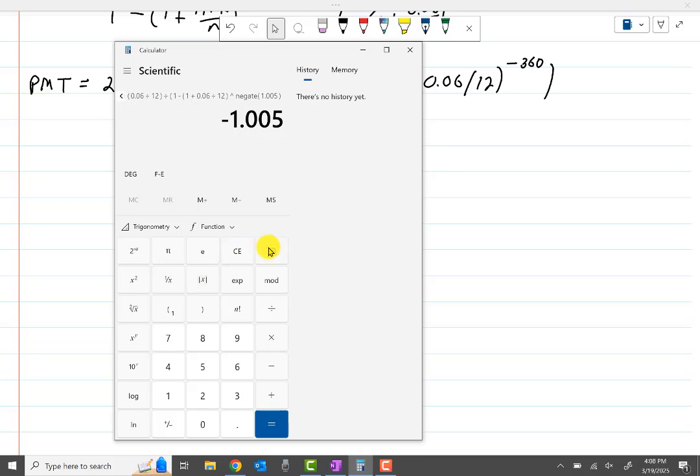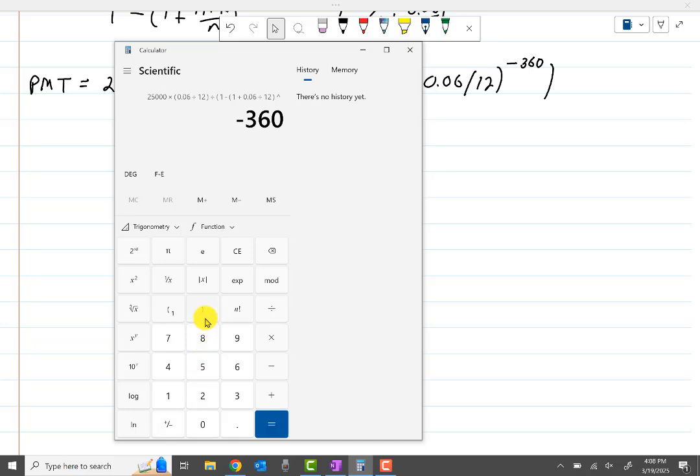No, I have to back up. That wasn't what I wanted to do. So it looks like I'll have to start again. Oh no, I just cleared that one. Okay, that was fine. So now I'm going to see if I can put in 360. I'll try that instead. And then let me hit this negative.